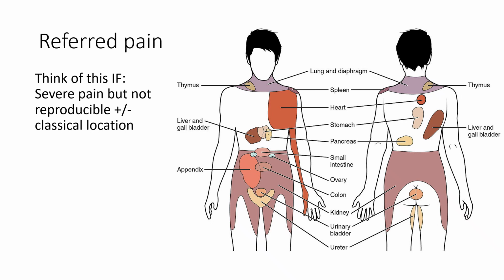The classical example would be ACS, right? Where you have someone coming in with arm pain, not chest pain, just arm pain, and you cannot reproduce it by moving the arm, or there's no wound or anything, then we have to be concerned about referred pain from the thorax, and also other kinds of pain, of course, maybe a thalamic stroke as well, and other sources, right?